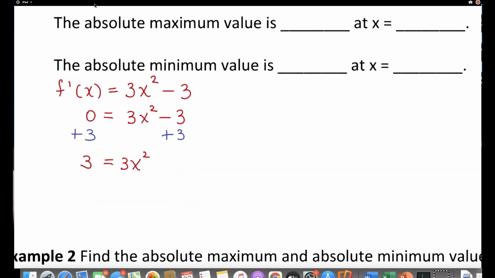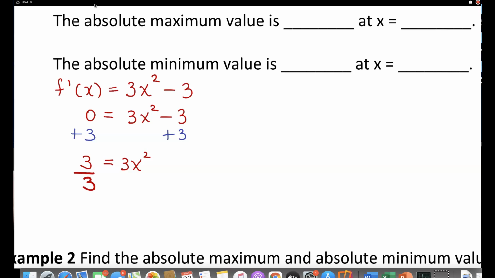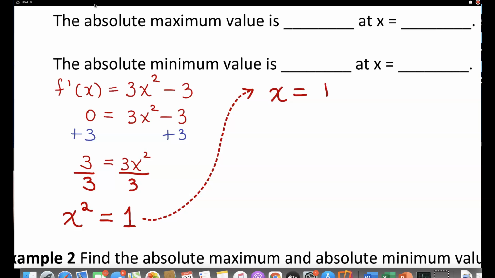That's going to give me x squared equals 1. If I take the square root of both sides, I get x equals plus or minus 1.